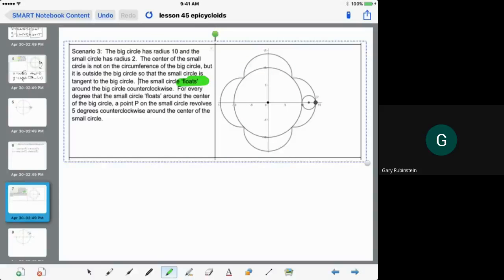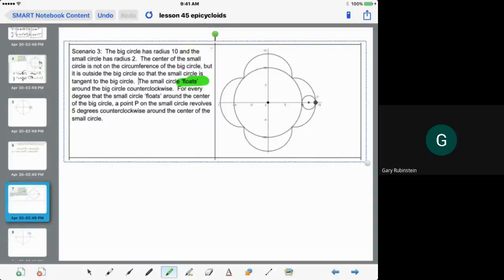But instead of floating so that the center of the little circle is on the big circle, it's floating so that the center of the little circle is outside the big circle in such a way that the small circle is tangent to the big circle at all times. So it's almost like it's rolling around it, but not really, because if it's rolling around it, you can't control the speed. It will roll at a certain speed dictated by the scenario.